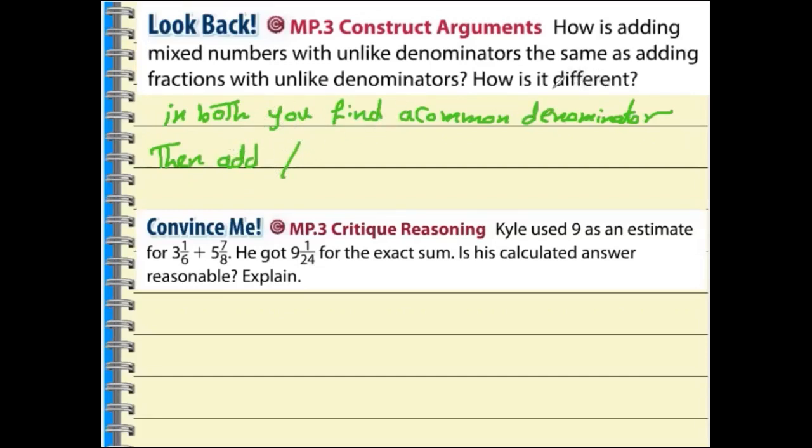But what is the difference between them? We need to add whole numbers in the mixed number. In mixed numbers, we add wholes and fractions.